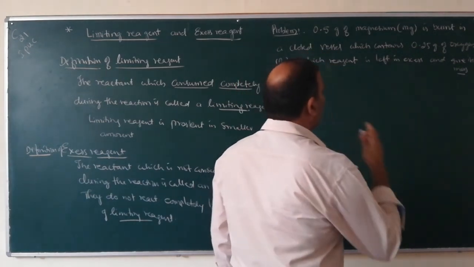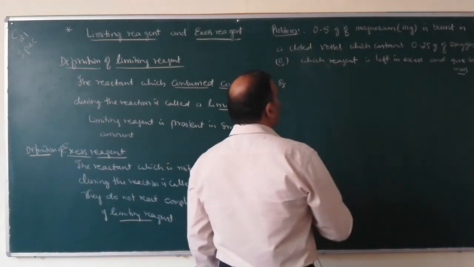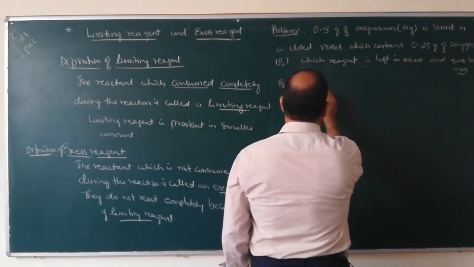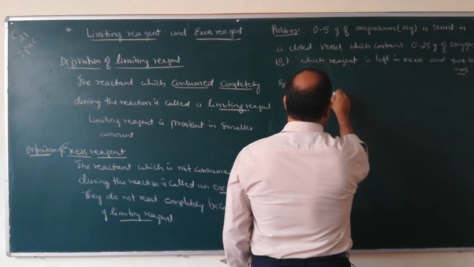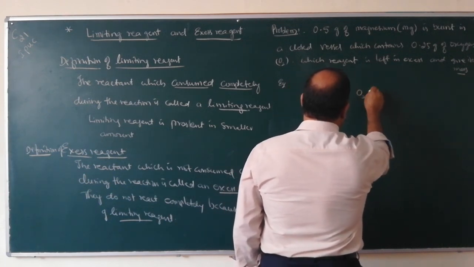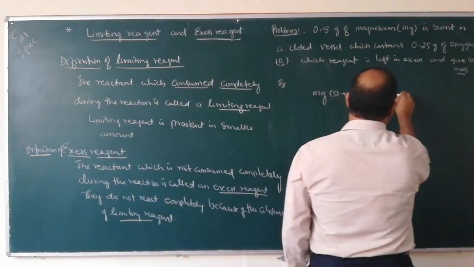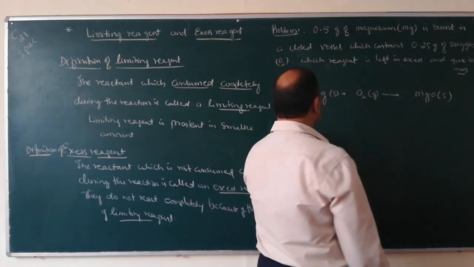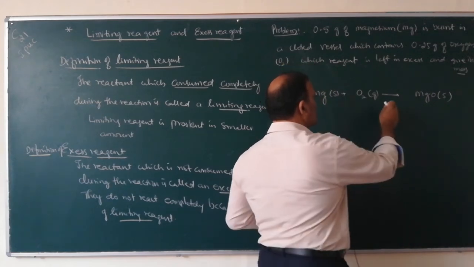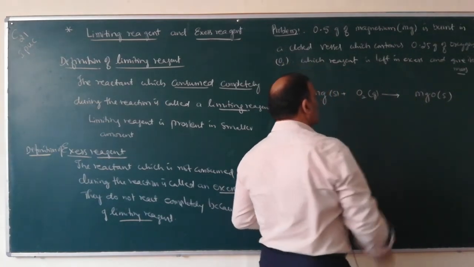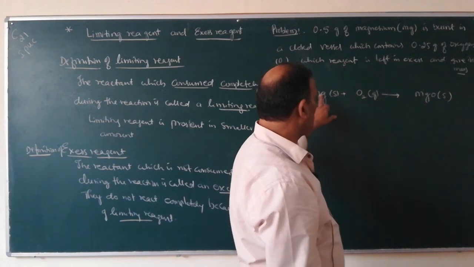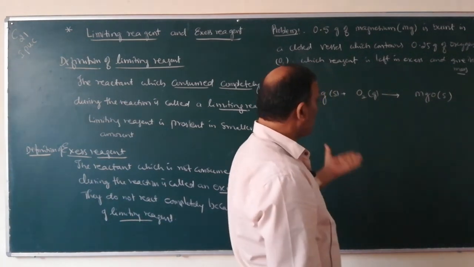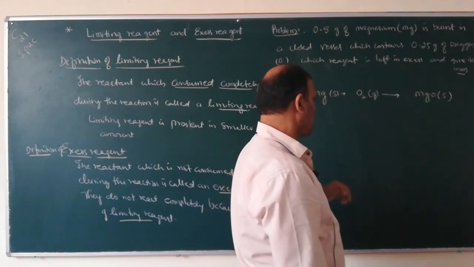The combustion of magnesium is represented as Mg(s) plus O2(g) gives MgO(s). So you have to first write the combustion reaction. Magnesium reacts with oxygen forming magnesium oxide. Then you have to balance this equation.